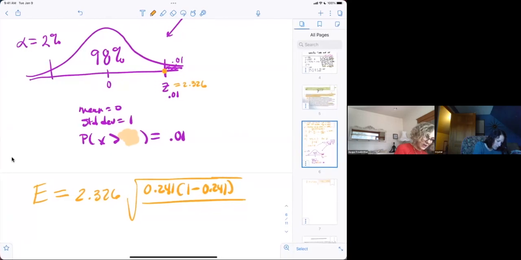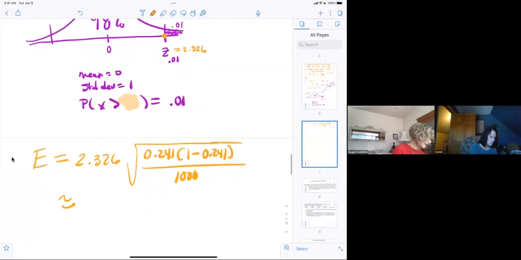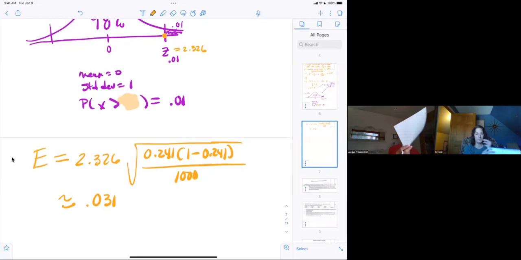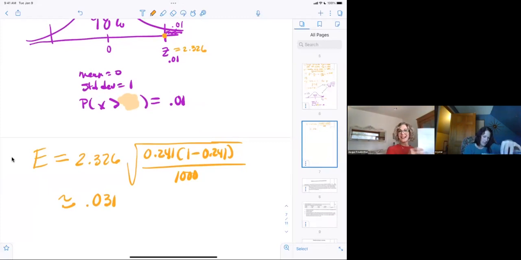Our sample size was 1,000. And we get an approximate value for error of 0.031. Isn't that what we got last time? The error doesn't always come out to be 0.031, just by chance.